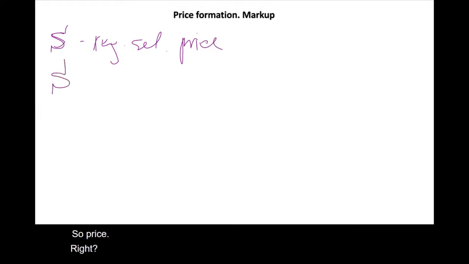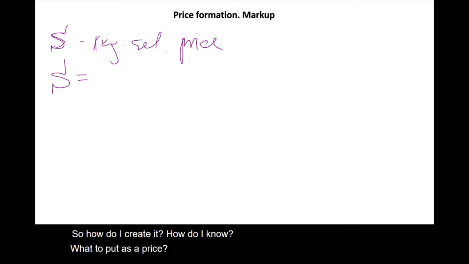Okay, so if I take the regular selling price, how do I create it? How do I know what to put as a price?